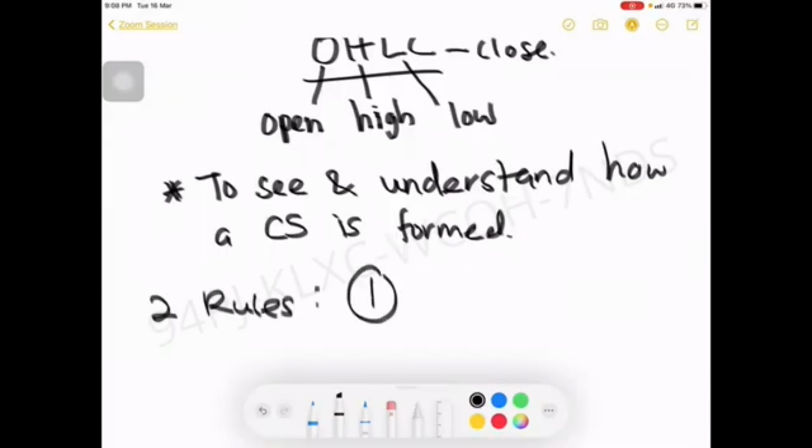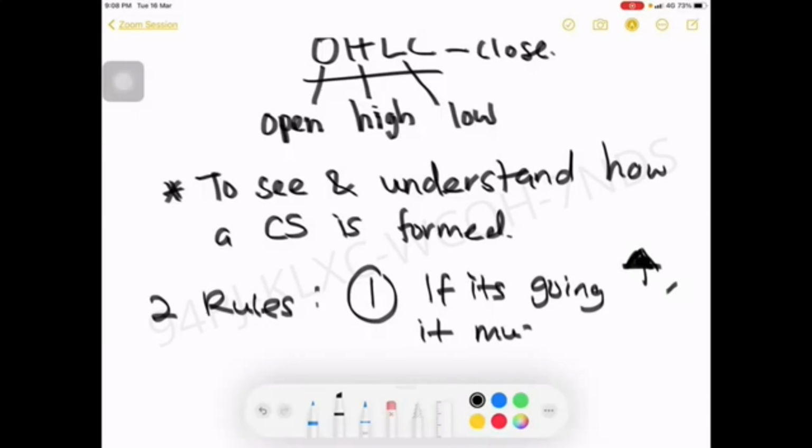First, if it's going up, this is an arrow going up, it must go down first.